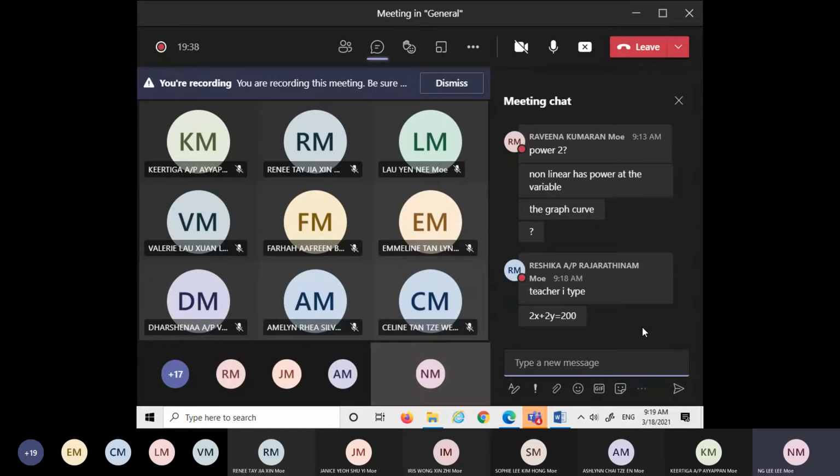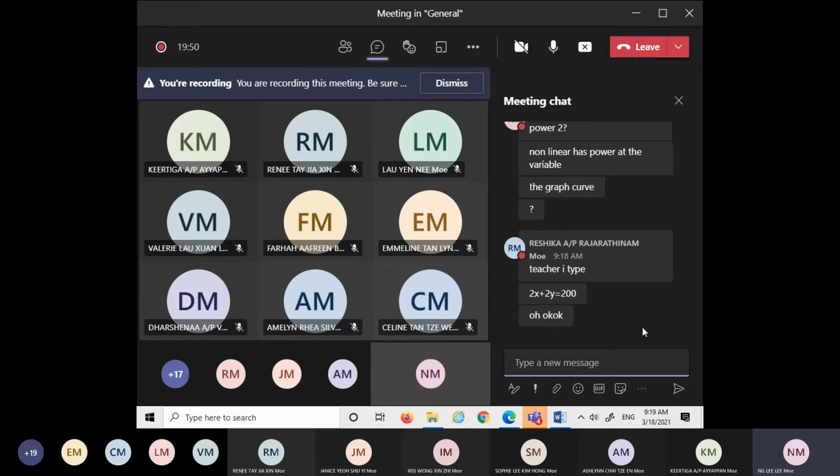So you don't use x and y. I have fixed it for you. The length you use L to represent, and the width you use W to represent.